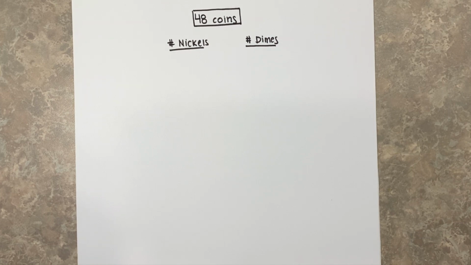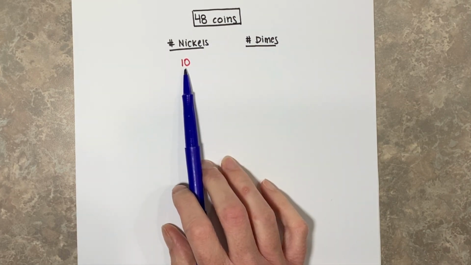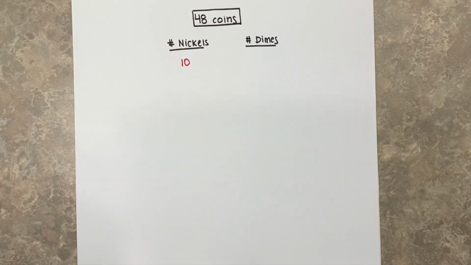Let's just pretend that we had 10 nickels. Since we know that we have 48 coins in total, if 10 of those coins are nickels, to figure out how many dimes we have, we could just take 48 minus 10, which would give us 38 dimes. What if, for example, we had 8 nickels?